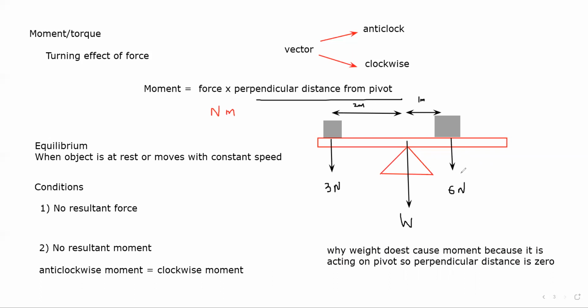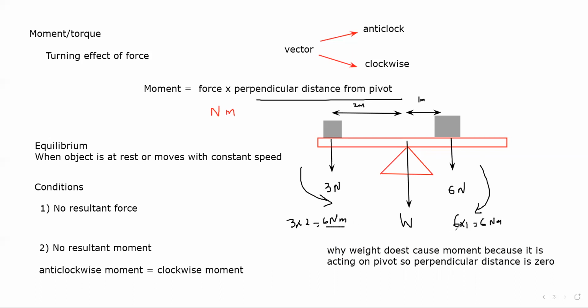The 6 Newton will cause a clockwise rotation about the pivot and 3 Newton will cause an anticlockwise rotation. When we calculate this moment, it will be 3 multiplied by 2, that's equal to 6 Newton meter, which is anticlockwise. And for the other one, 6 multiplied by 1, that's also 6 Newton meter clockwise.